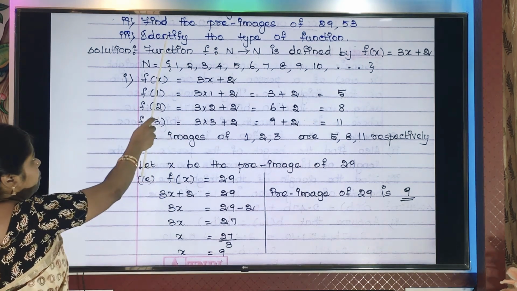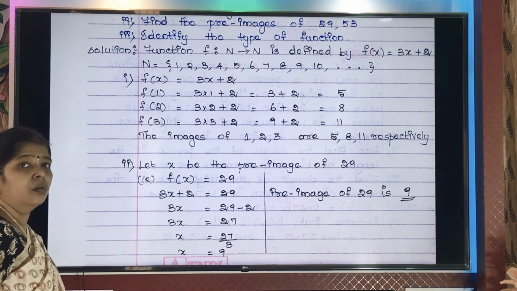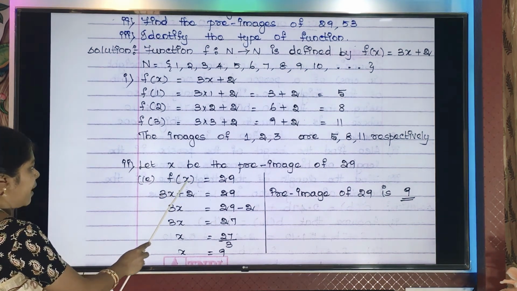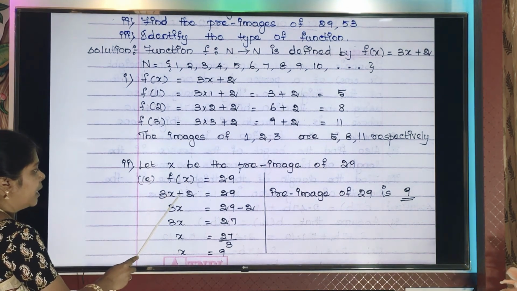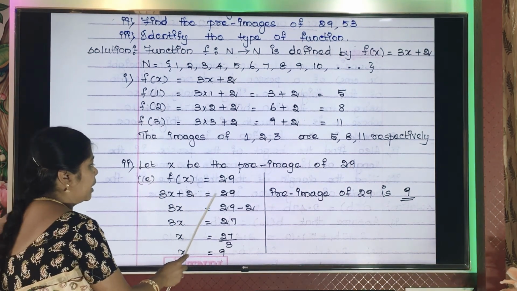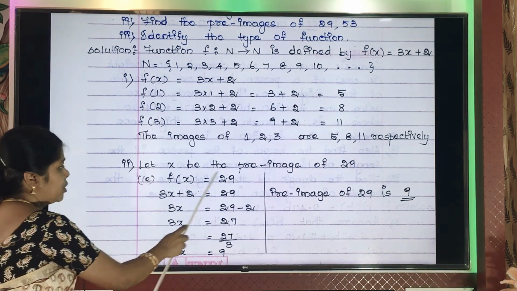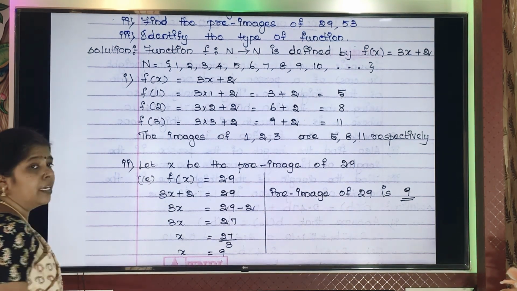But from the given sum, we know that f of x is 3x plus 2. So in the place of f of x, substitute 3x plus 2. So what you will get? 3x plus 2 equal to 29. Keep 3x here, take plus 2 to the other side, it becomes minus 2.